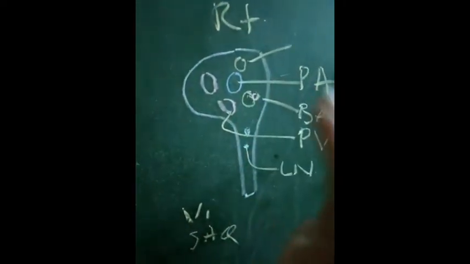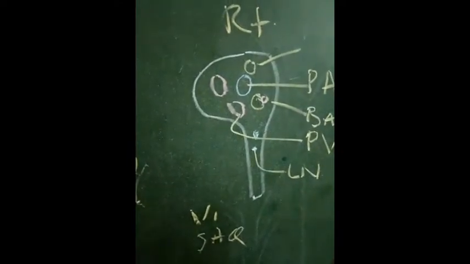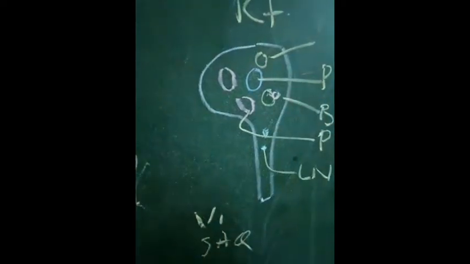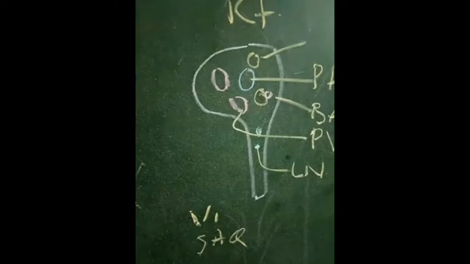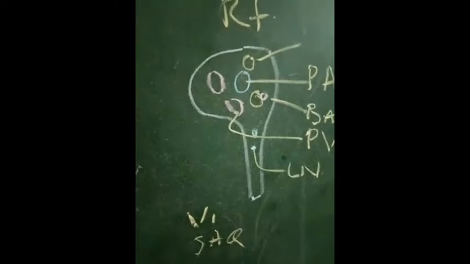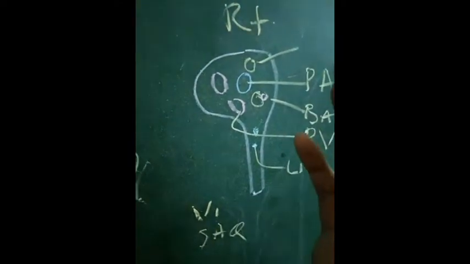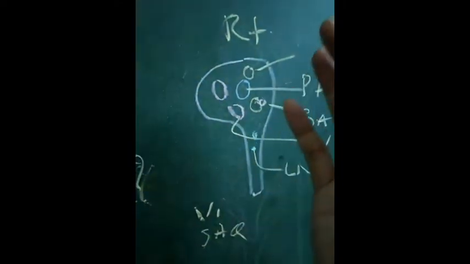Then after describing all these things, what can the examiner ask you? Yes, the examiner may ask you to give general information of the lung. Lungs are primary organs of the respiratory system. You may write this down: lungs are primary organs of the respiratory system located in the chest on either side of the heart. That is the general description.